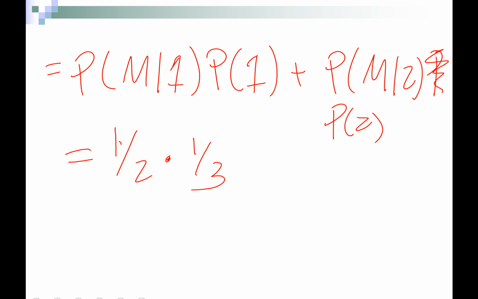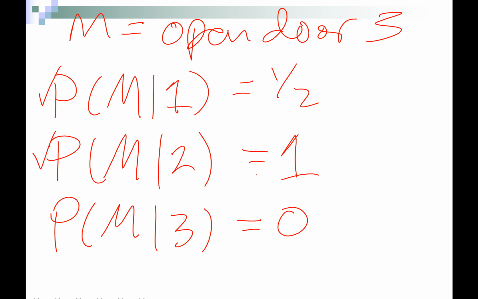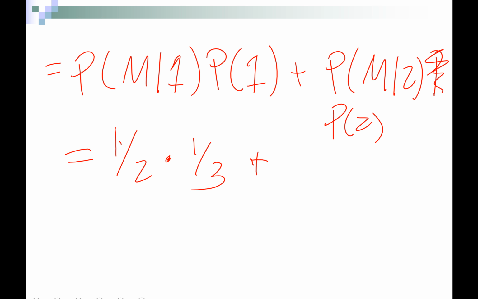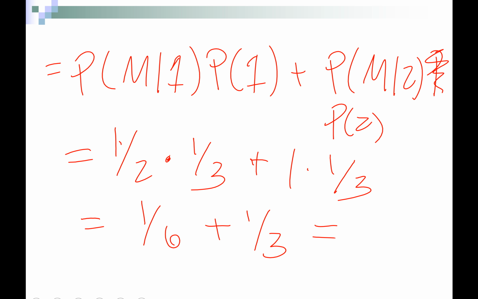That's a third. Plus the probability of m given 2 is 1. And what's the probability the money's behind door number 2? A third. So we get a sixth plus a third. What's a sixth plus a third? It's a half.